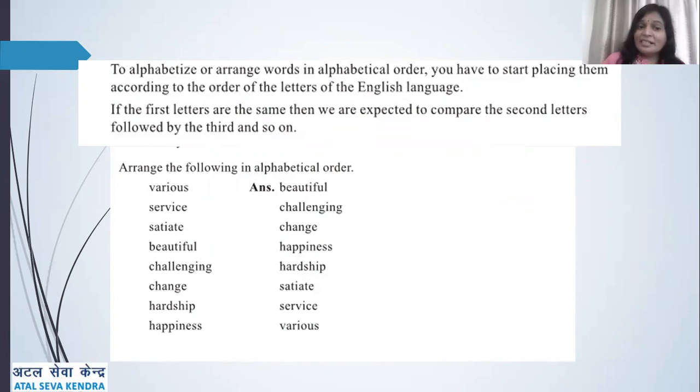If the first letters are the same, then we are expected to compare the second letters followed by the third, and so on. So whenever you're practicing, take a big list and try to arrange it in alphabetical order, to master these kinds of activities and do it quickly. Practice, as I keep repeating, is very, very important.